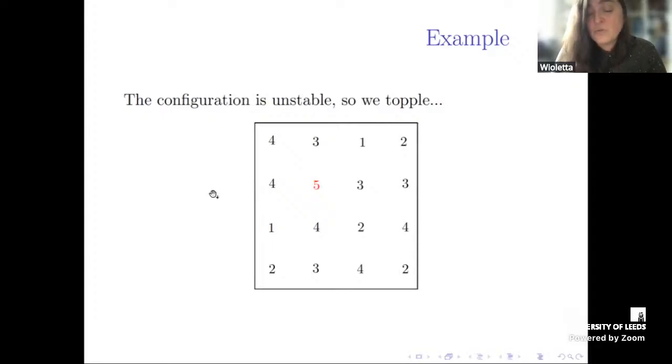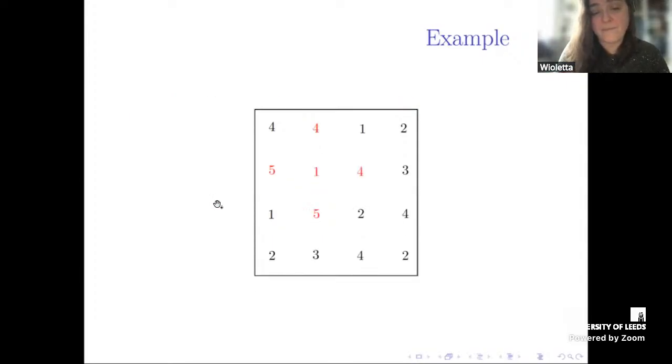The toppling rule is as follows: if upon adding a grain the height on a vertex is larger than the number of neighbors, which is 4 here, then I call the site unstable and the site topples. So here the site became unstable because the height is 5, and it will topple by distributing 1 grain to each neighbor, in all the directions, and then reducing its height by 4, right?